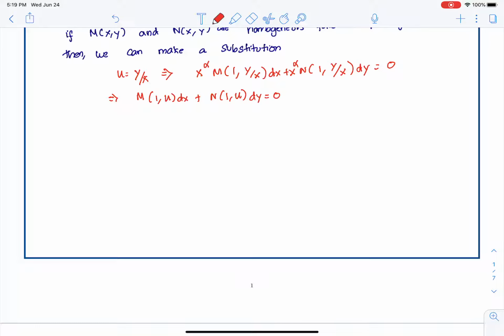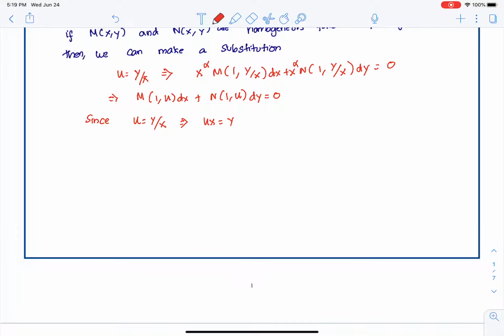Now, you may say, well, how would I go about solving this? Well, we have a substitution, u is equal to y over x. Since u is y over x, u times x would be equal to y.